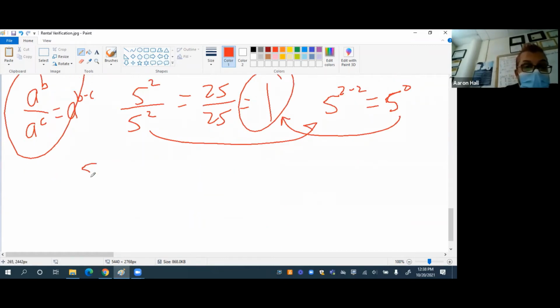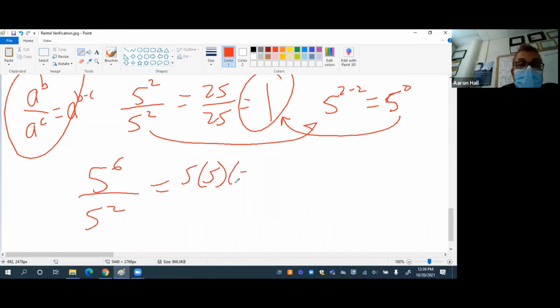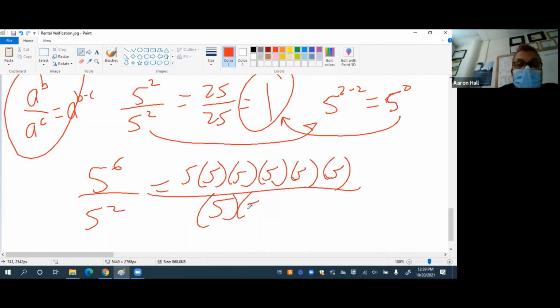Let's try 5 to the power of 6 over 5 to the power of 2. Now, if I expand this, then I have 5 times 5 times 5 times 5 times 5 times 5 over 5 times 5. What can I do at this point? Yeah, I can start canceling some of these values.